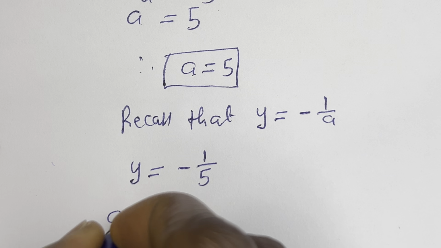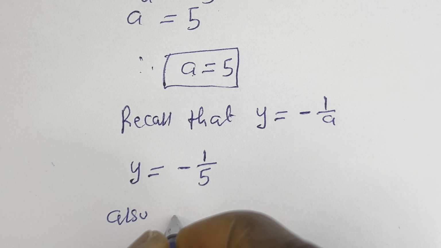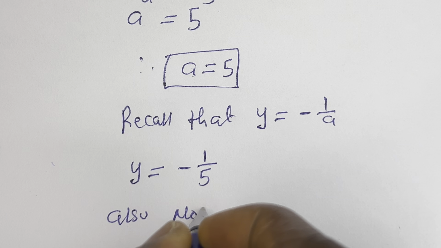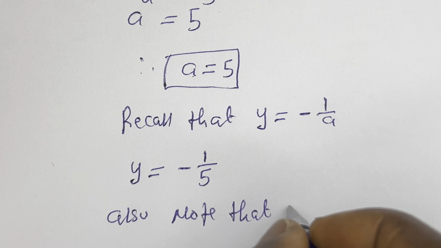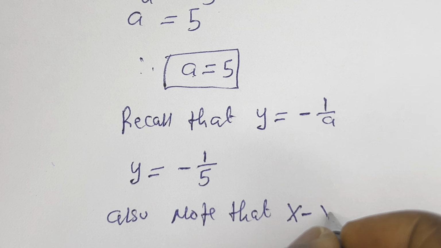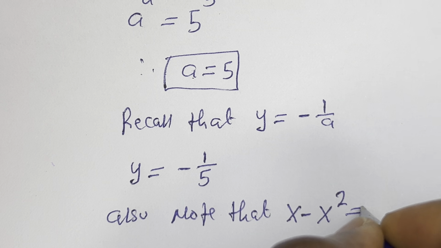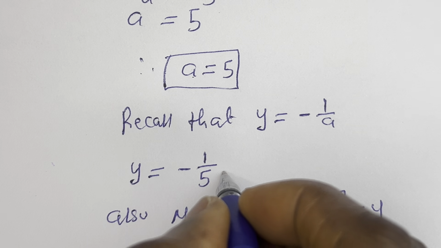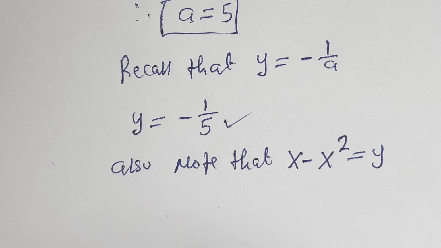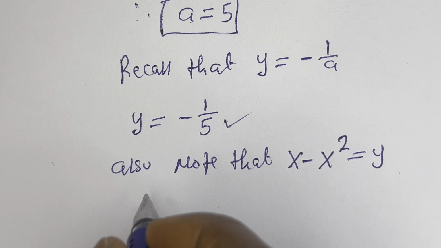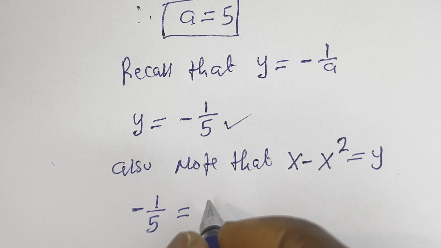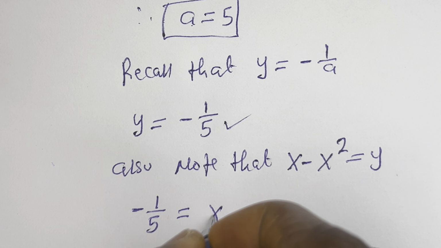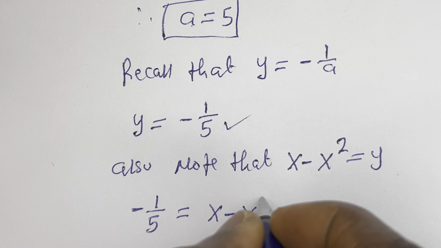Then also note that x minus s squared is equal to y, and this is the value of y. Then we have minus 1 over 5 is equal to x minus s squared.